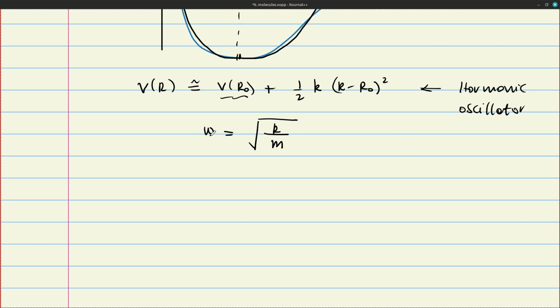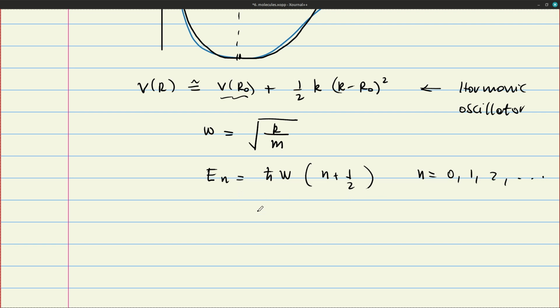Once you give me the spring constant, which is coming from the potential, I can calculate the frequency, and I also know the masses of the individual constituents. Then I can find the energy levels. The energy levels are those of the simple harmonic oscillator, h bar omega times n plus a half, where n is 0, 1, 2, and so on.